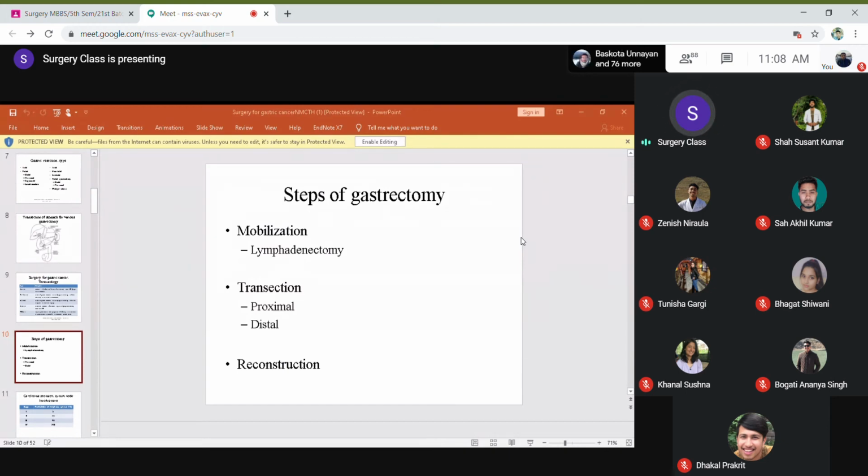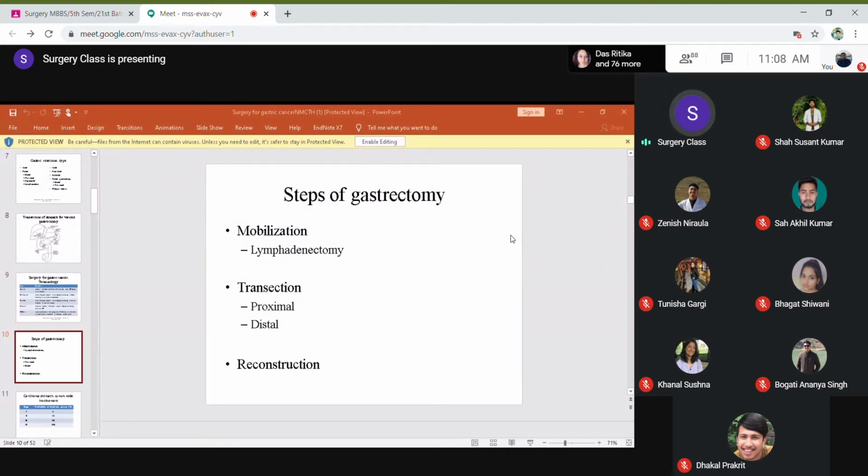Nine will be the celiac axis, and ten will be the hilum of the spleen, and eleven the proximal splenic, and twelve the hepatoduodenal, and thirteen the inferior pancreatic. Fourteen is along the superior mesenteric vein, and fifteen will be the middle colic vessels, and sixteen will be the para-aortic.